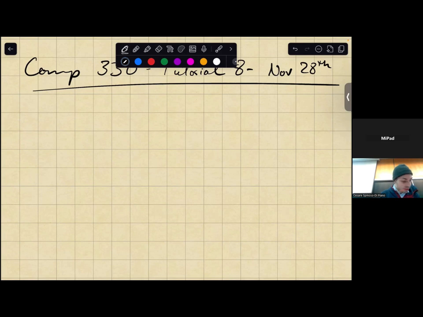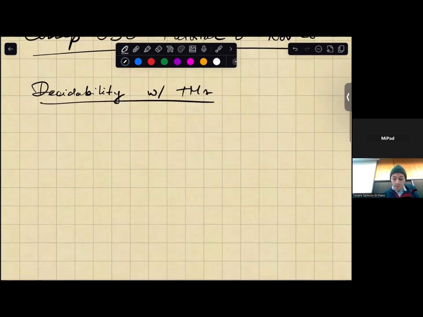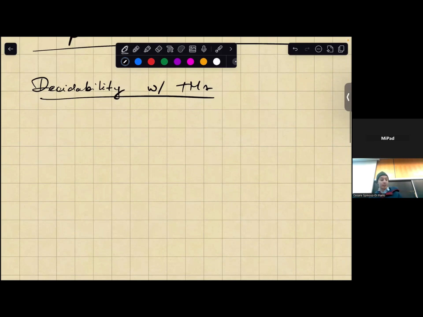So what I'm gonna start with today is decidability decision problems, which have to do specifically with Turing machines, because there's very likely a question about this on your assignment. So I thought it might be useful to do a question like that as well here.